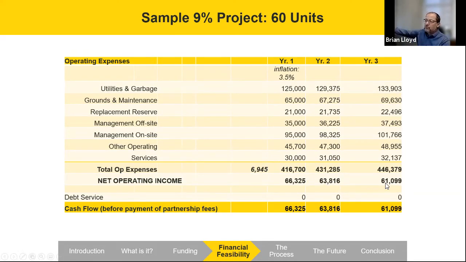And in a real pro forma, this would be extended out 15 and even 30 years. And 15 years is especially important because the investor is in the deal for 15 years, and exits after 15. You want to show the investor that you have positive net operating income for those first 15 years.